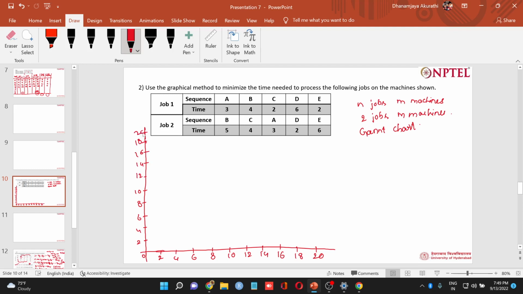Here assume 20. The x-axis belongs to job 1 values, and the y-axis is related to job 2 values.